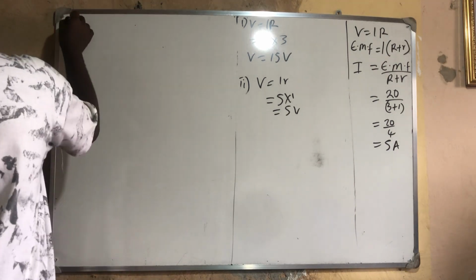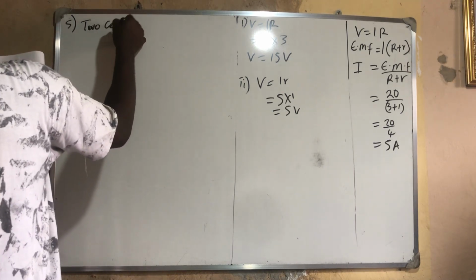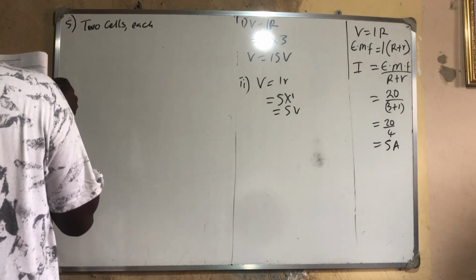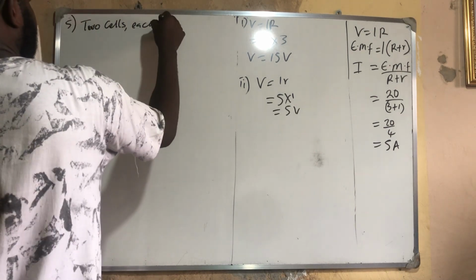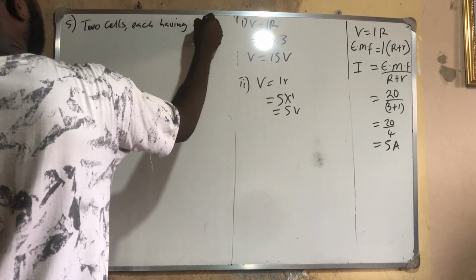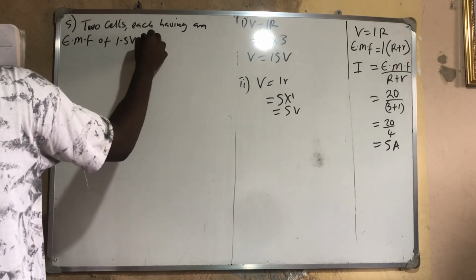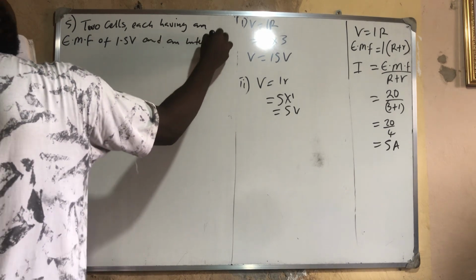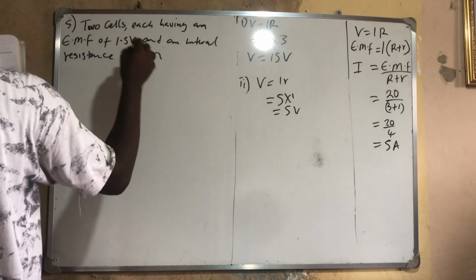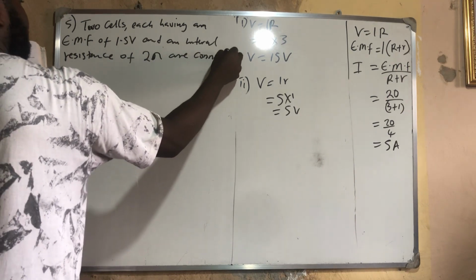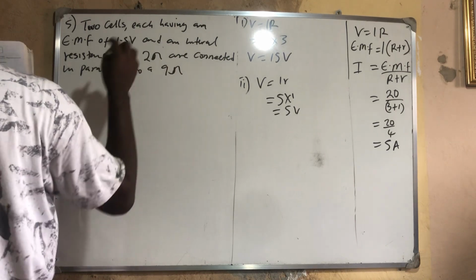Question number 5, anyone. We have 2 cells, each having an EMF of 1.5 volts and an internal resistance of 2 ohms, connected in parallel to a 9 ohm resistor.